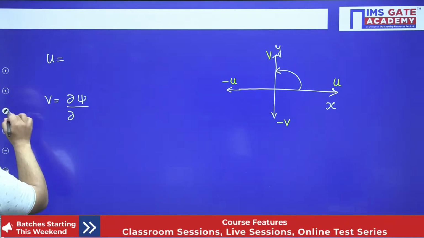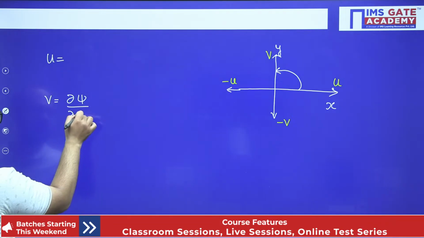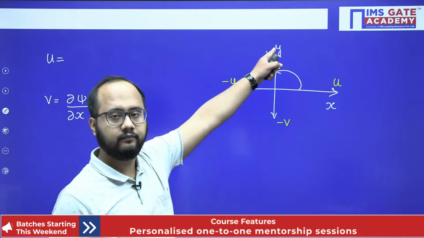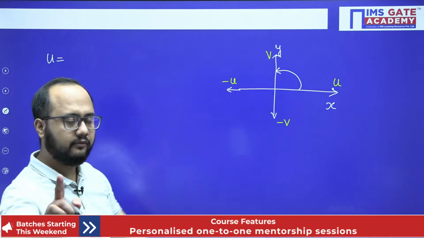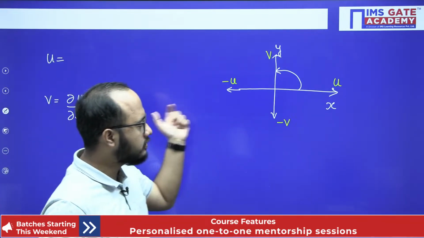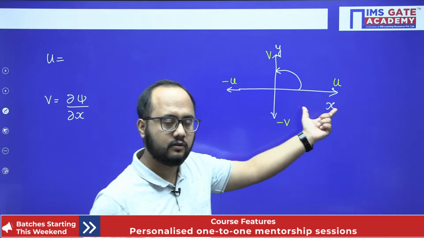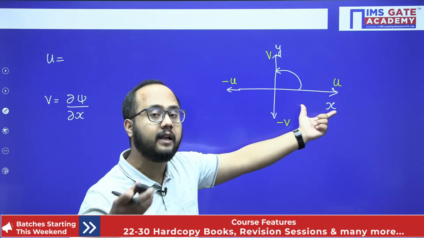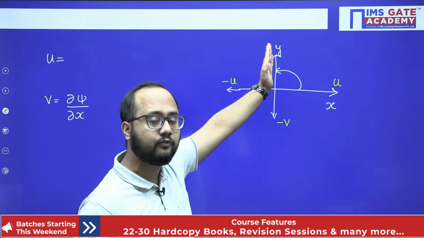Along x I have taken the derivative, but the velocity you will get is at right angle. So if I take dou psi by dou x, I will get the velocity component at right angle, that is v only.